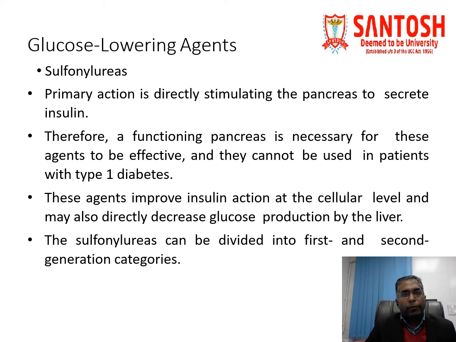Now coming to the therapy for diabetes mellitus type 2, we are using glucose lowering therapy, or we can say oral hypoglycemic agents. Sulfonylureas are the most important and have been used since a long time.